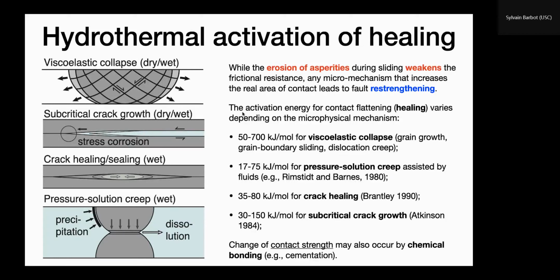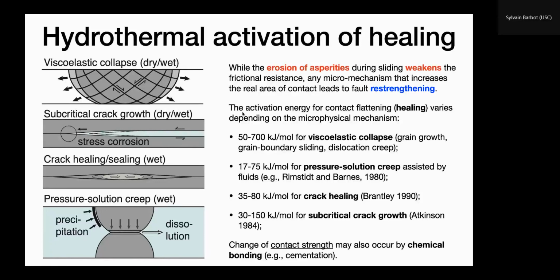But of course, here we're talking about seismic cycles, so we do have time. We have decades for these processes to manifest themselves. And we're also talking about conditions of the crust, at 500 degrees, for example, 300, 400, not necessarily room temperature.